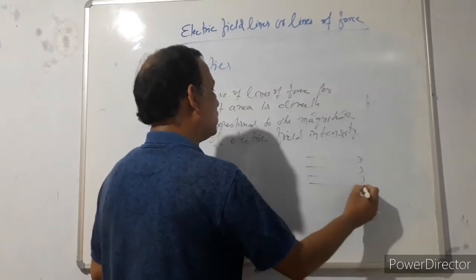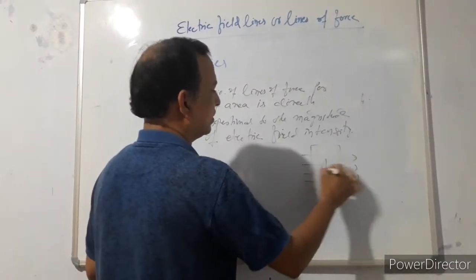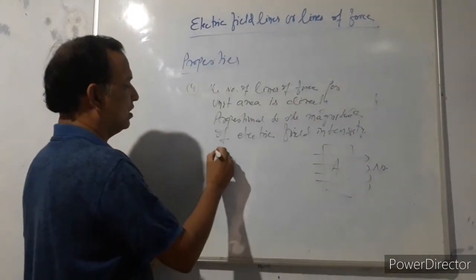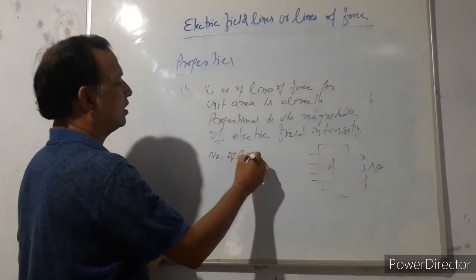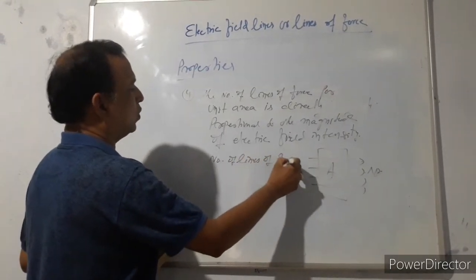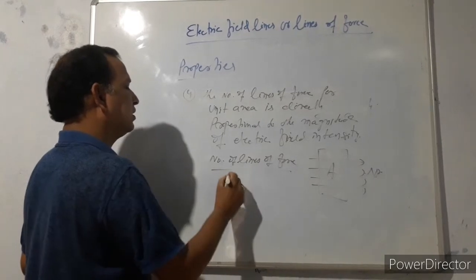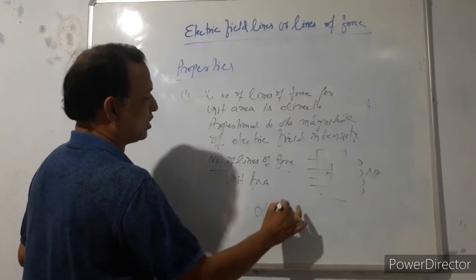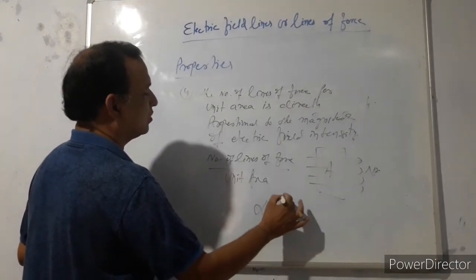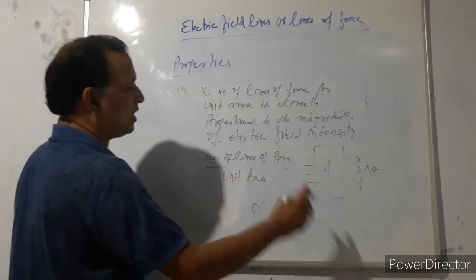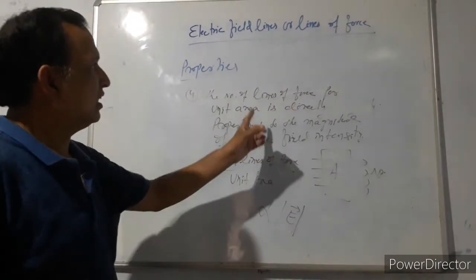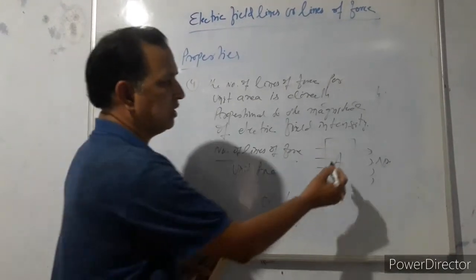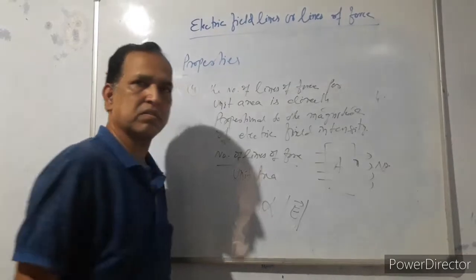Means, these are the number of lines of force in this area. So the number of lines of force per unit area is directly proportional to the magnitude of the electric field intensity, where the area is normal to the lines of force.